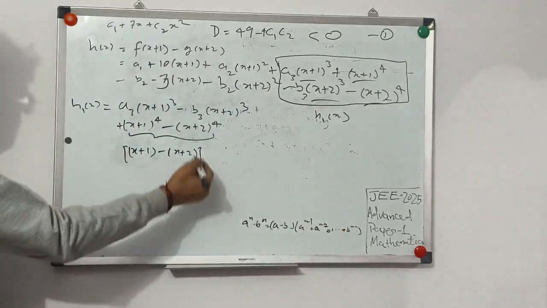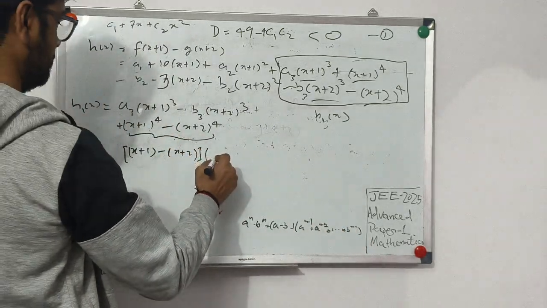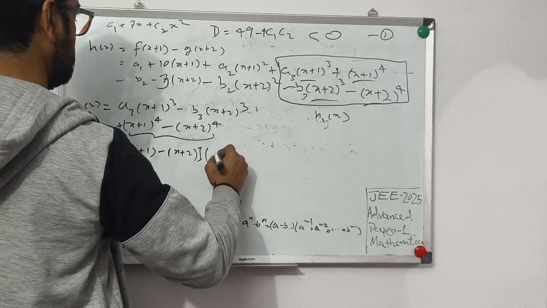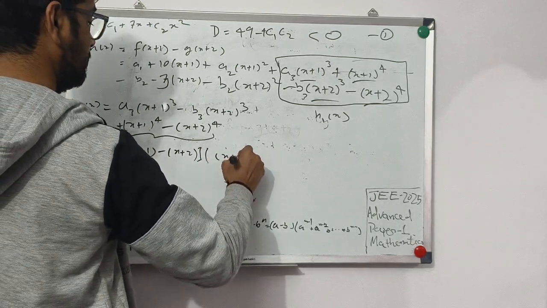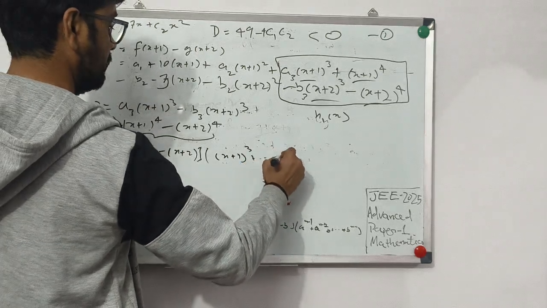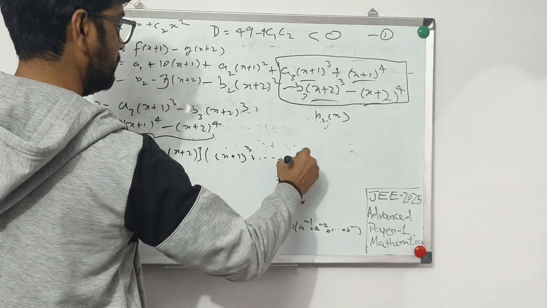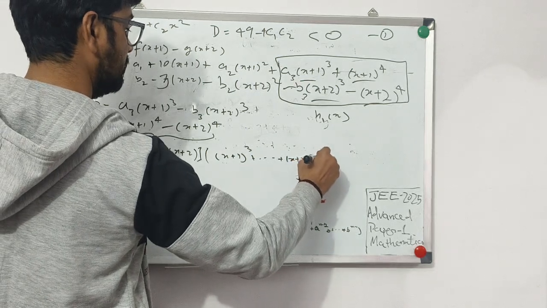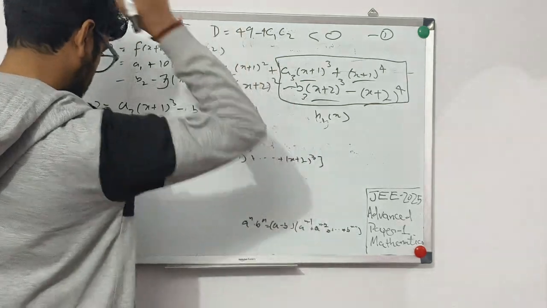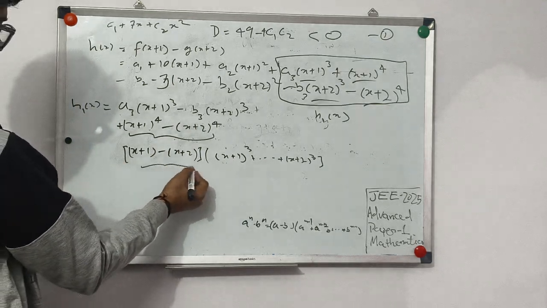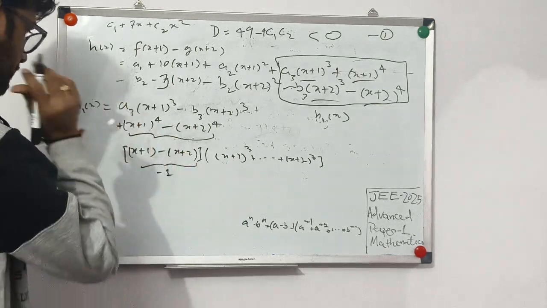So we have used this formula here. We get (x plus 1) raised to power cube plus also up to (x plus 2) raised to power cube. Okay, this equals minus 1 times that.